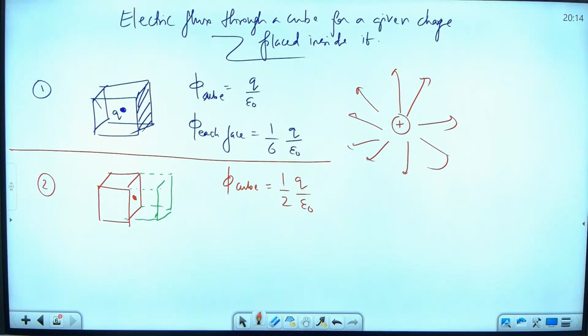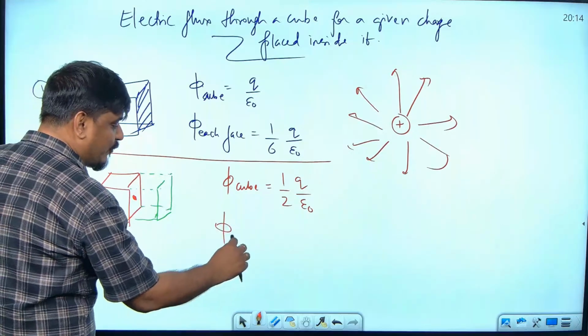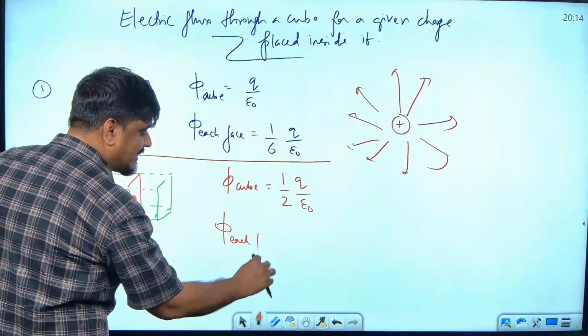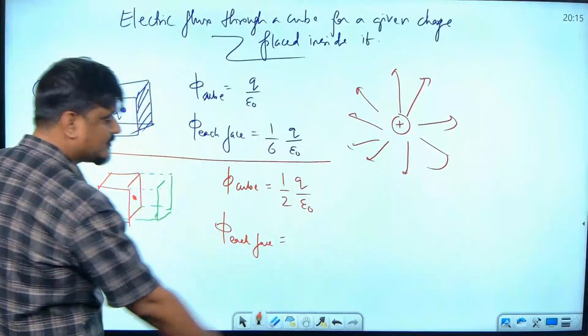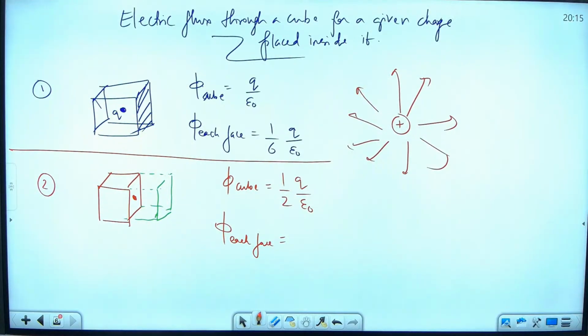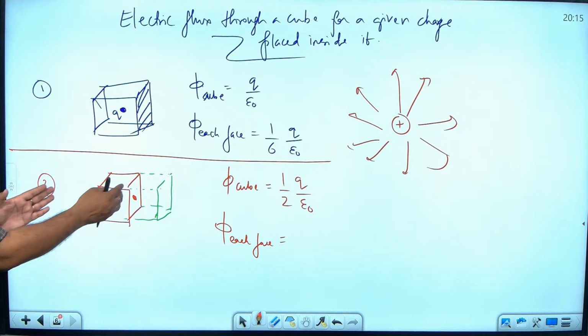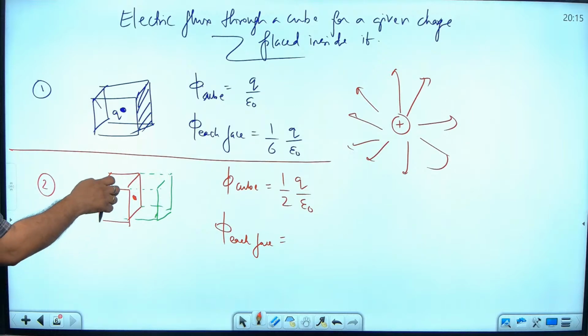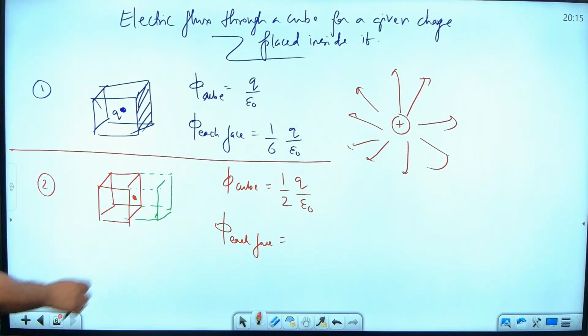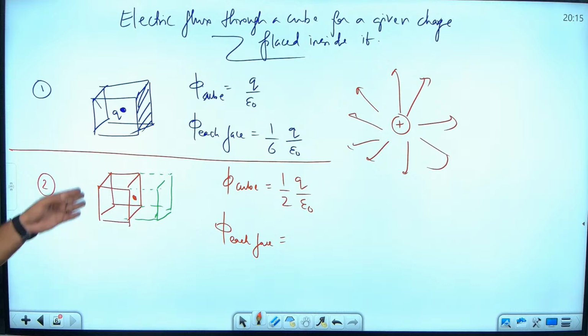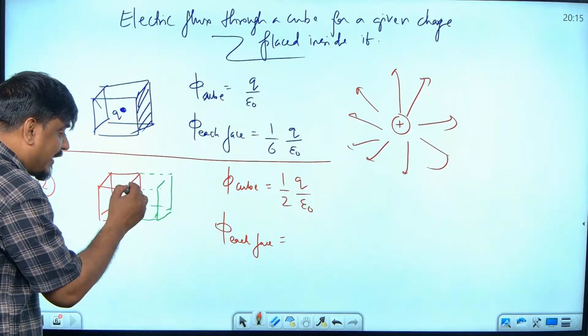And then if I ask you, what is the flux through each face, what would be your answer? Think and say, man. See, this cube has Q by 2 epsilon naught. And now how many faces does this have? 6 faces. But of the 6 faces, this face will not be considered.